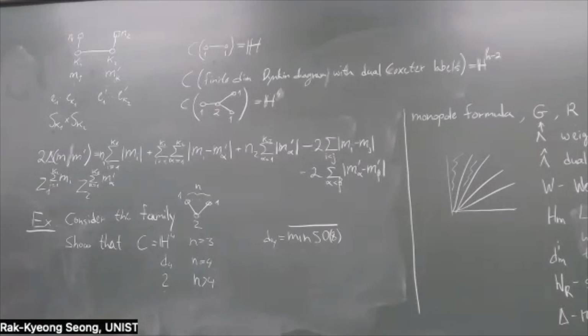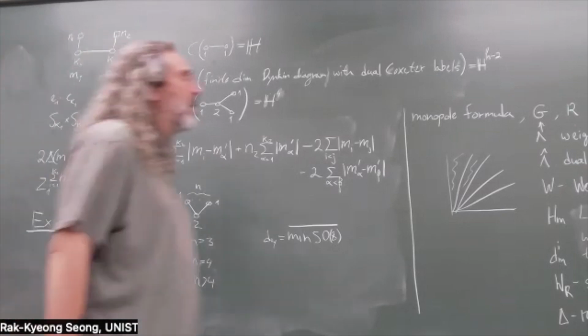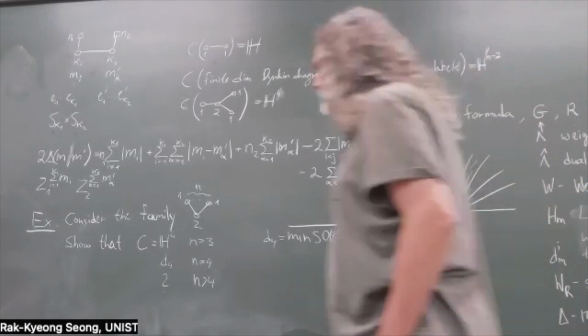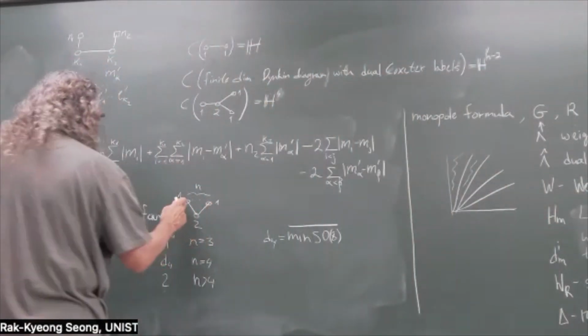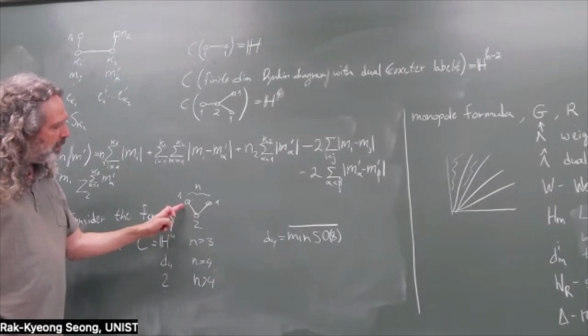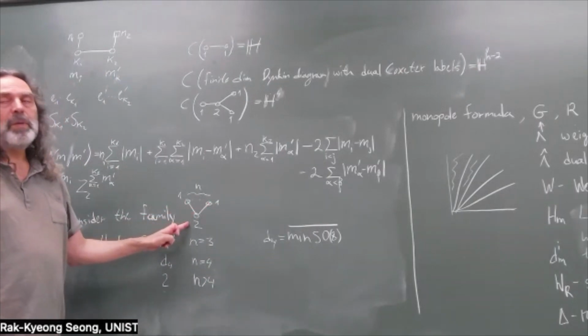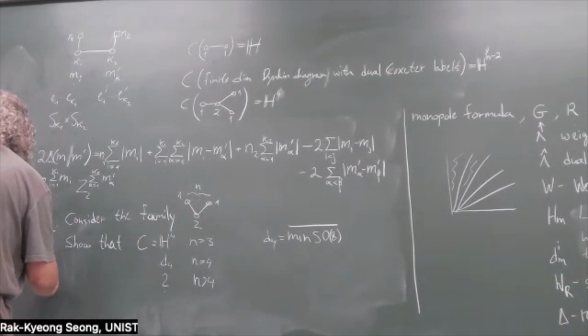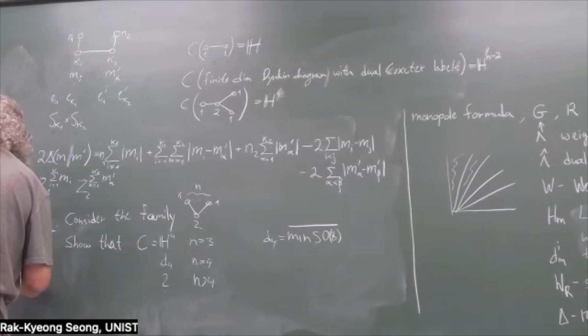Now, how would you do such a thing? So remember the exercise that I gave with the Hall-Littlewood polynomials. How many sums do I have? I'm going to have n plus 1 sums, right? So there are n plus 1 sums. So the dimension of the Coulomb branch is n plus 1.